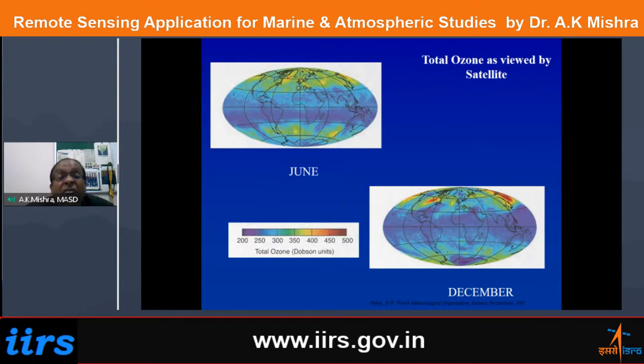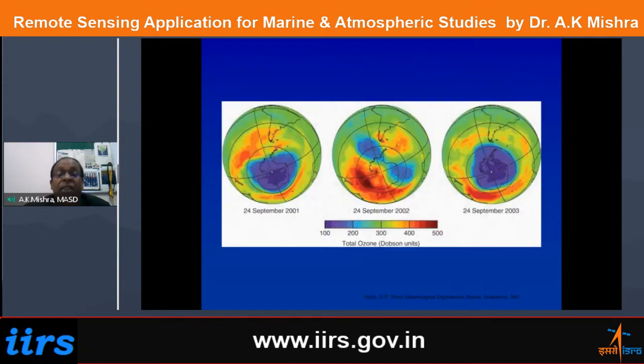Somewhere it is high, somewhere it is low, and in Antarctica, ozone holes are studied, and you can find the ozone hole in 2001, 2002, and 2003.